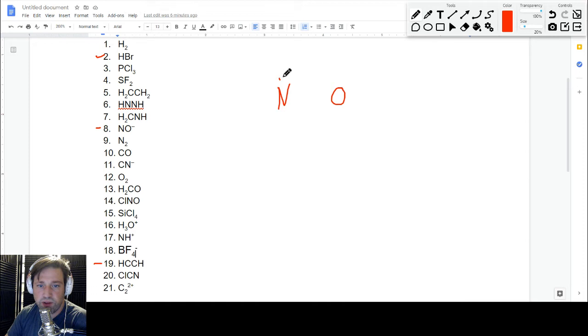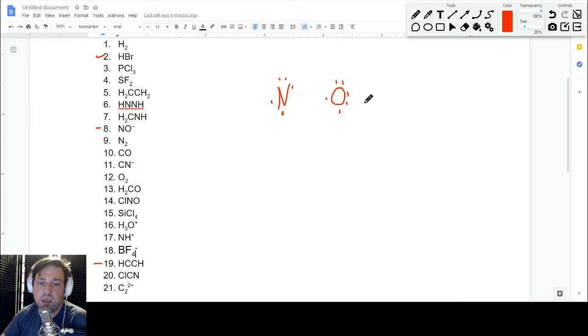The dot notation for these guys is going to be like this for nitrogen and this for oxygen. So we can tell already that nitrogen's going to want 3 bonds, oxygen's going to want 2 bonds, and that's going to be about how it looks.